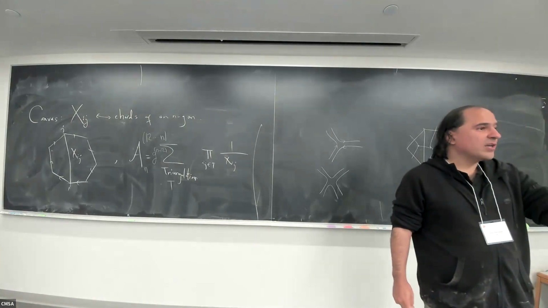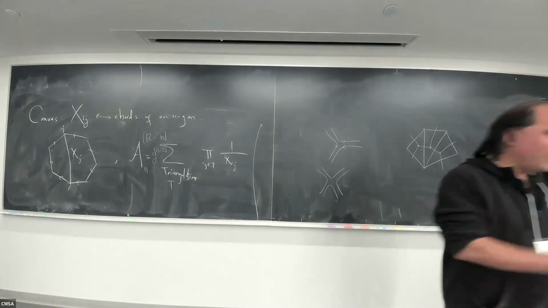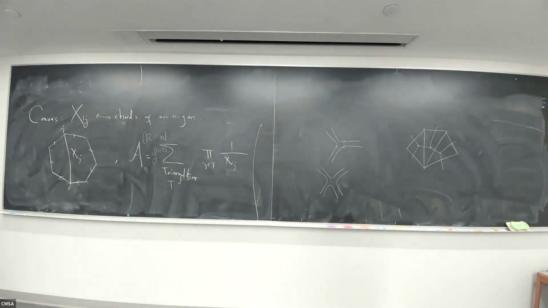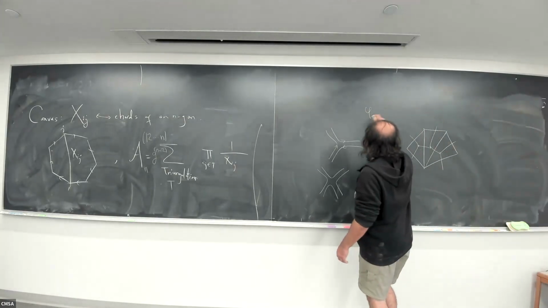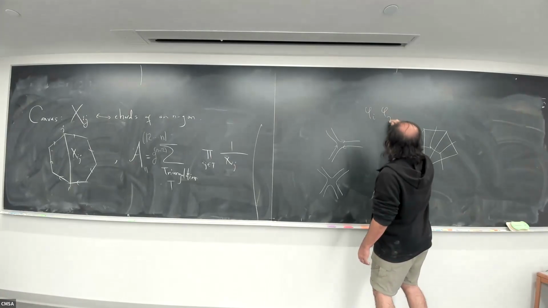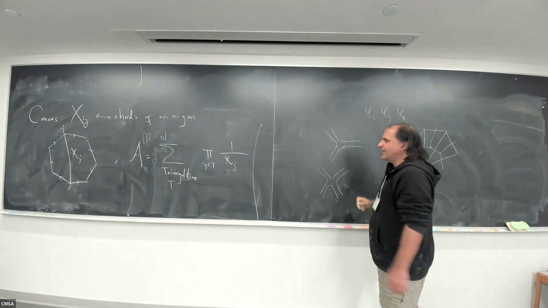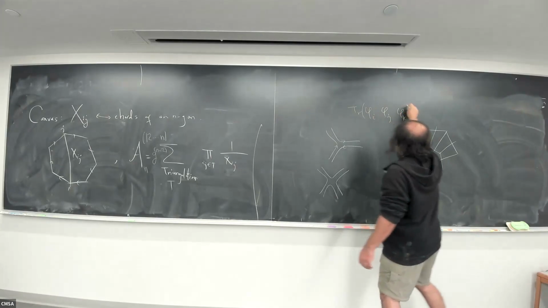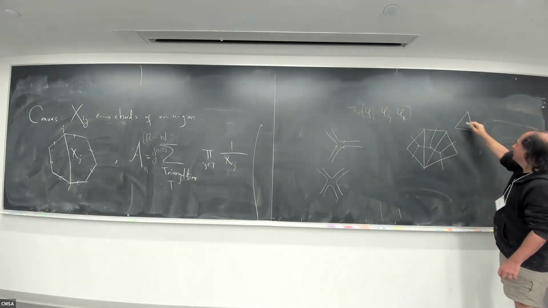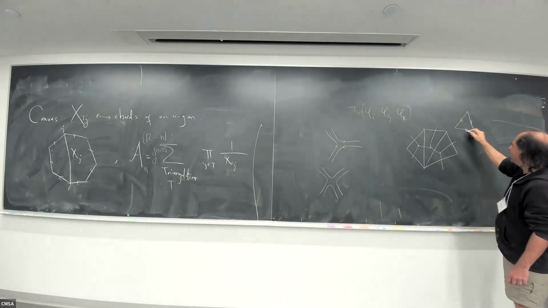And now if I have more than one kind of particle, then I have to have different kinds of triangle. So let's say I have phi i, phi j, phi k, where these range over the number of particles that have an interaction like that, then I have to have a triangle that's further labeled by i, j, and k.